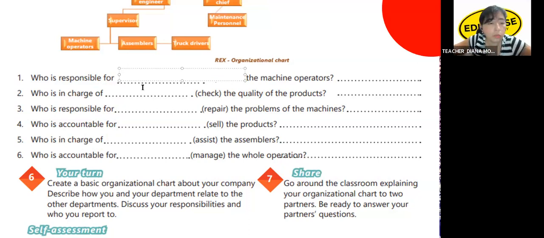Patricia, can you read number 1 with the answer? Who is responsible for? Oh, well, you are sick, right? Okay, don't worry. Mr. Rodriguez, what do you have for number 1?